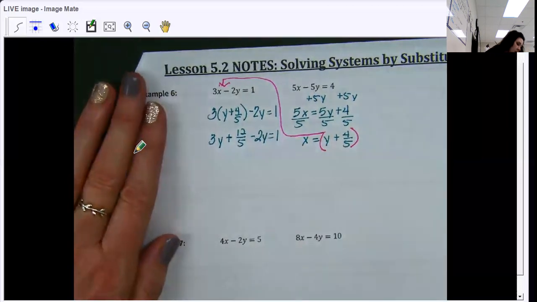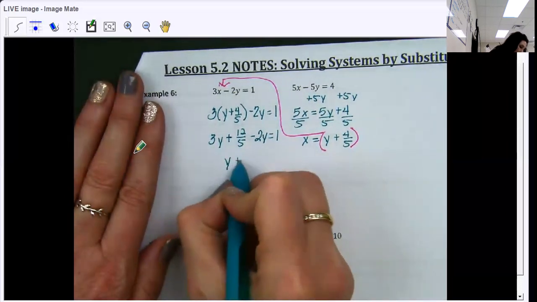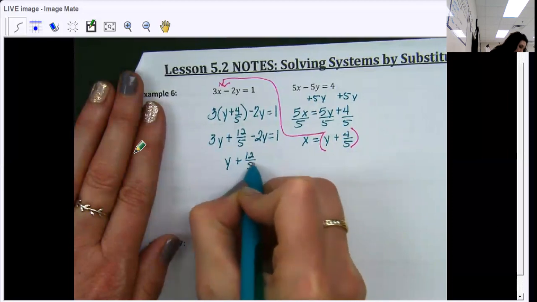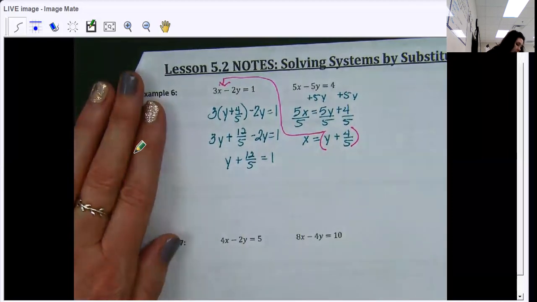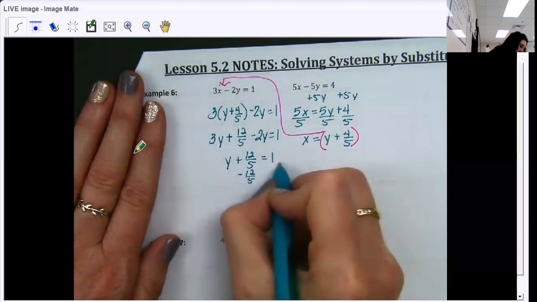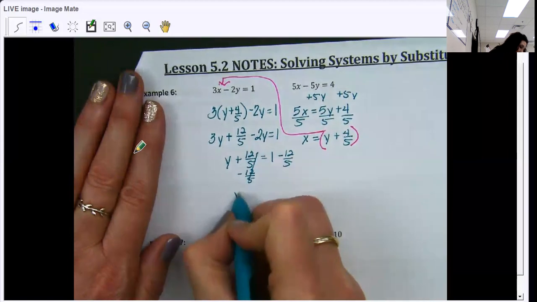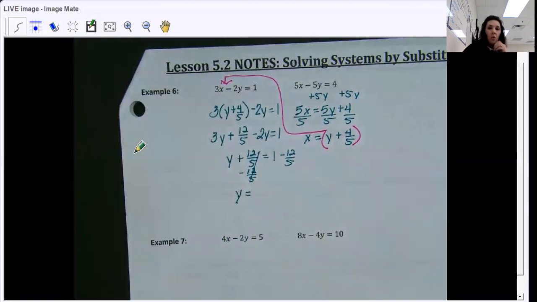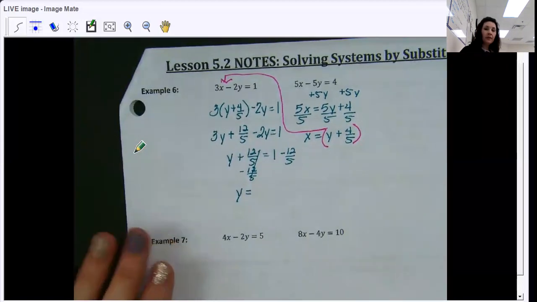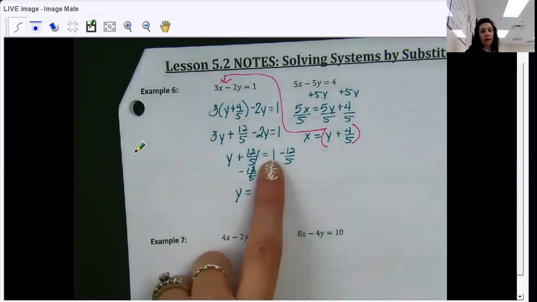I'm going to combine like terms. 3y minus 2y is y. Okay, now I'm going to subtract 12/5 from both sides. And I have y equals. Now, one thing that I hope that everybody understands by this point, we need to find common denominators.